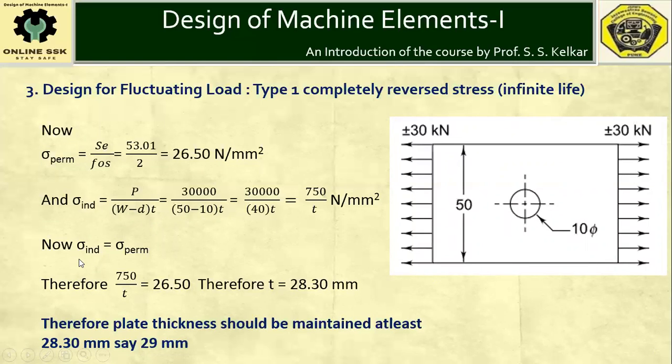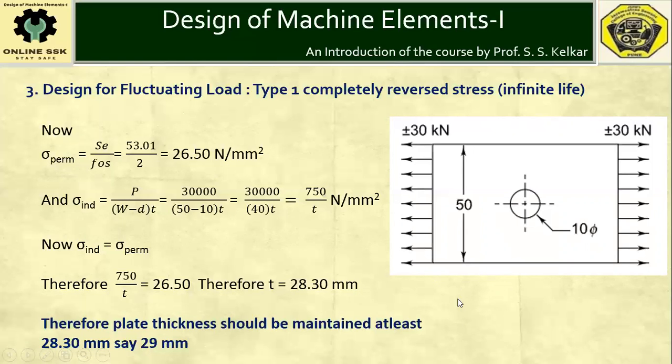Now we have to equate sigma induced with sigma permissible. Sigma induced is 750 upon T and sigma permissible is 26.5. While equating, the unknown dimension, the thickness, will be calculated. In this particular case, the thickness happens to be equal to 28.3 millimeters.